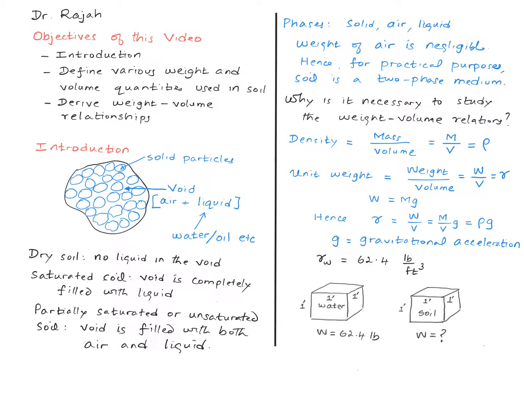So if I take a cubic box of dimensions 1 by 1 by 1, and fill that completely with water, the weight of the box is going to be 62.4 pounds, right, by definition of density. And if I take the same box and fill it with a soil, what would be its weight? Well, it'll be easy for us to answer this question after we establish the weight-volume relations.